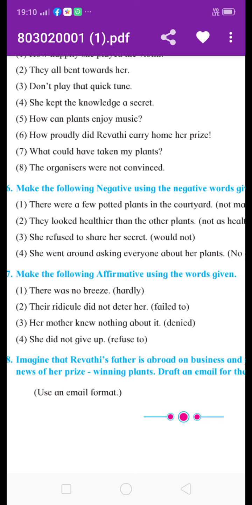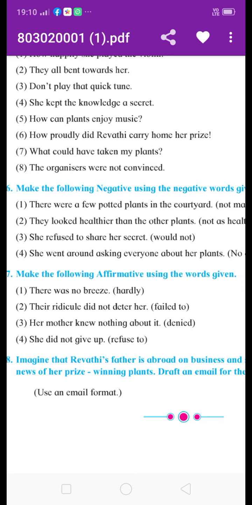Her mother knew nothing about her. Her mother denied knowing anything about her. We can write 'denied', and you have to remove 'nothing'. Instead of that we can write 'anything'. Her mother denied knowing anything about her.